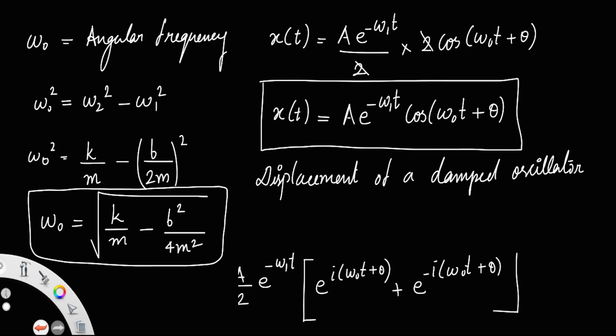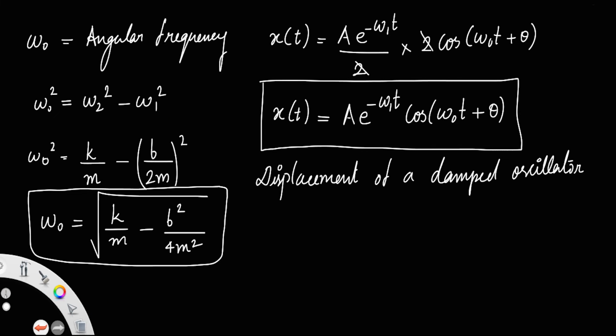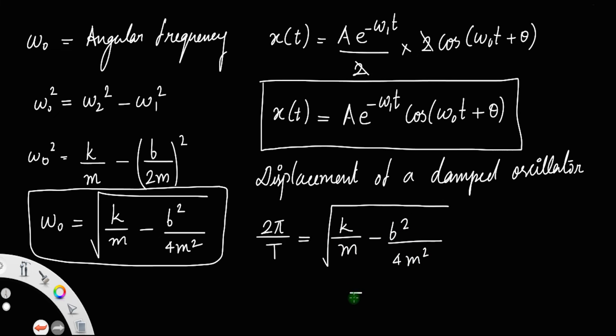Now you have the time period of oscillation. We have omega 0 equal to 2 pi divided by T, equal to the root of k by m minus b squared divided by 4m squared. That gives the time period T equal to 2 pi divided by the root of k by m minus b squared divided by 4m squared.